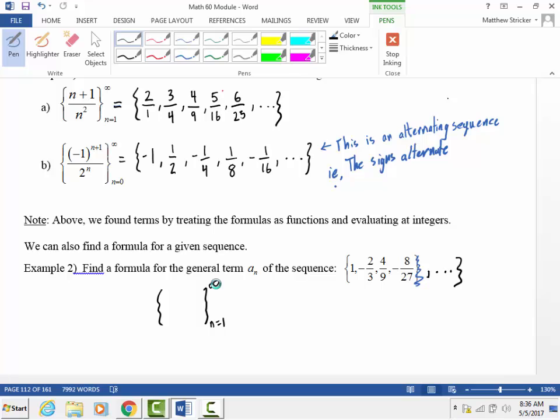So it's not times n, it would be raised to the n power. It's times n, you're just going to multiply it by 1 or by 2 or by 3 or 4. And then the notation, we usually don't write it like this. I have a numerator. It would be negative 2/3 to the n.